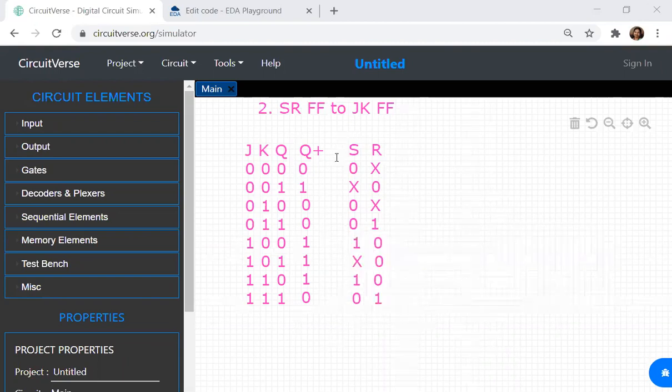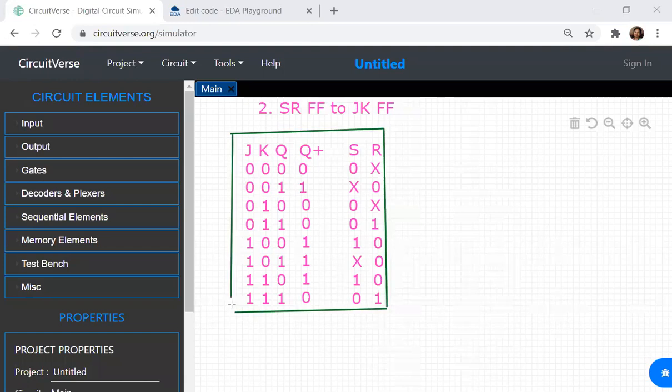Got it? Now we have to solve for S and R using K-map. So let us solve for S and R using our K-map. This is our table. We call this the excitation table for the conversion.